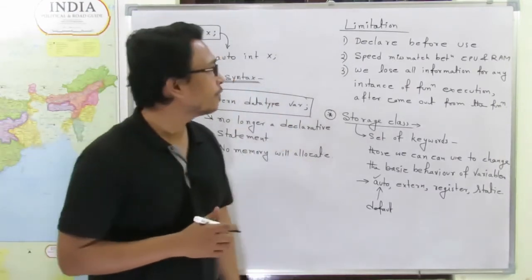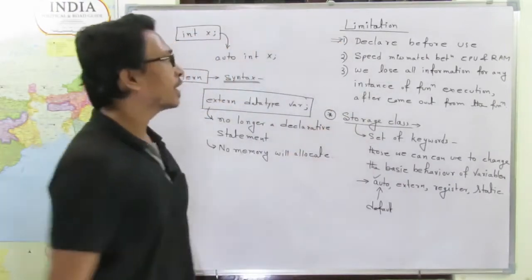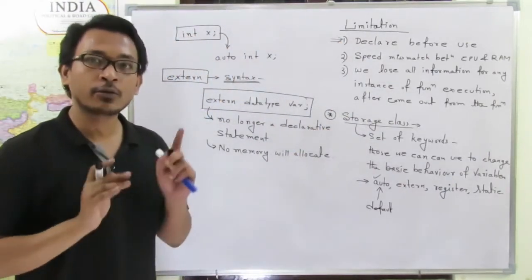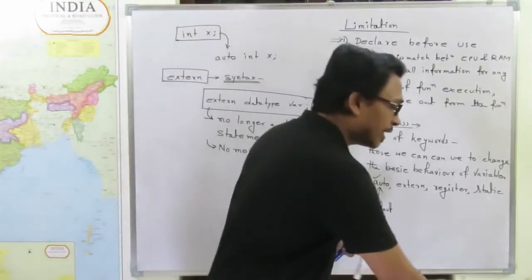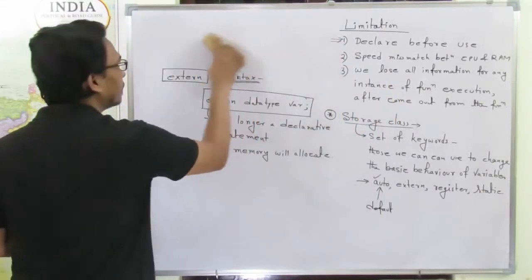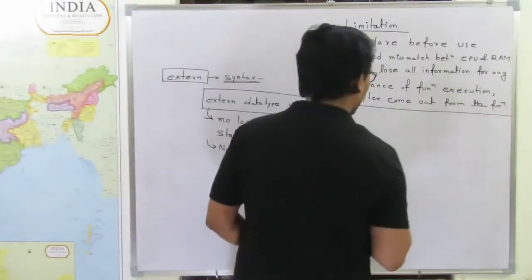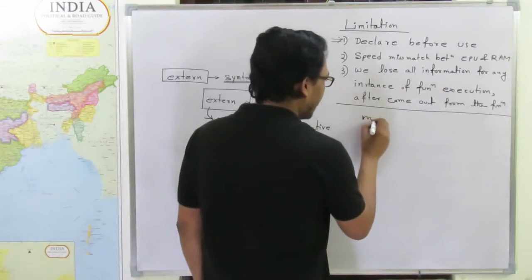Look, we already faced some problem that we need to declare before use, and we already saw a scenario where we faced the problem. Now let's consider the scenario: main.